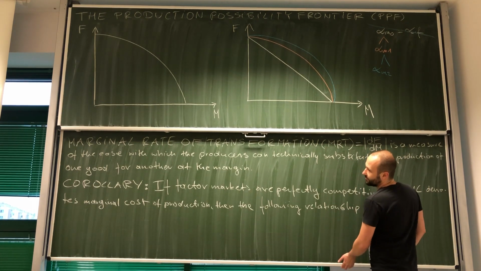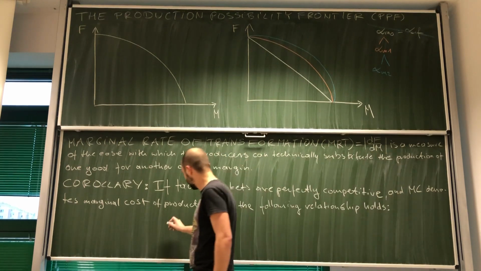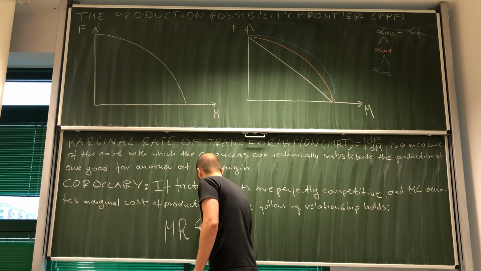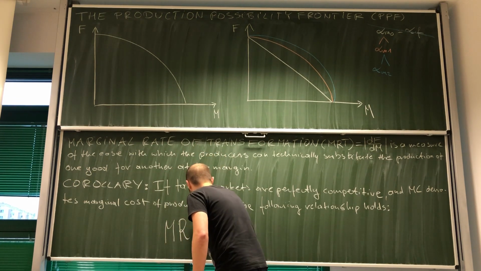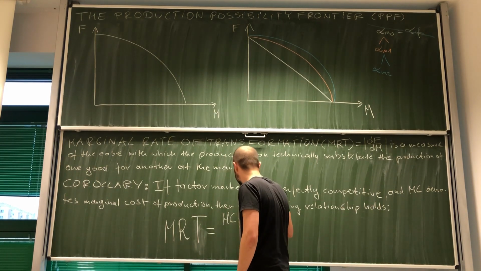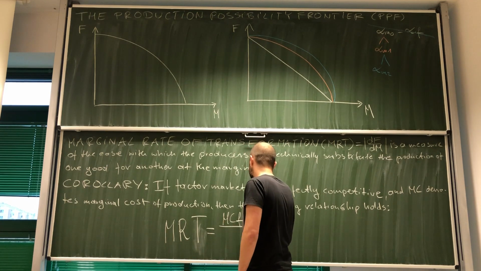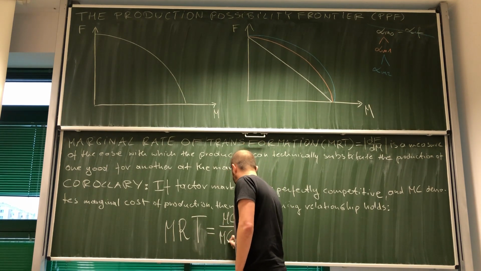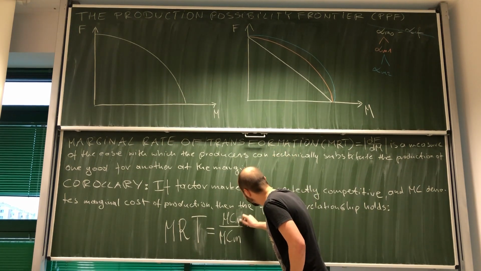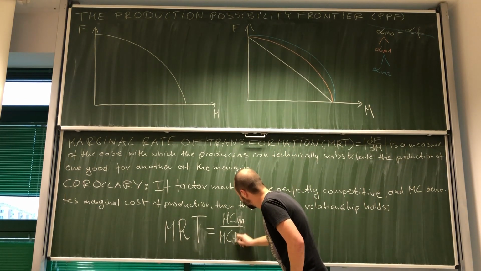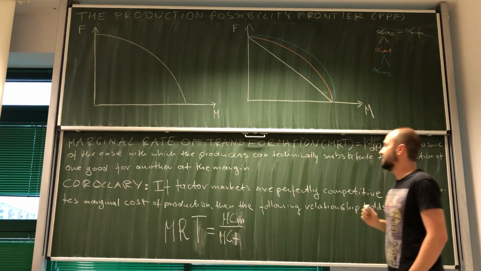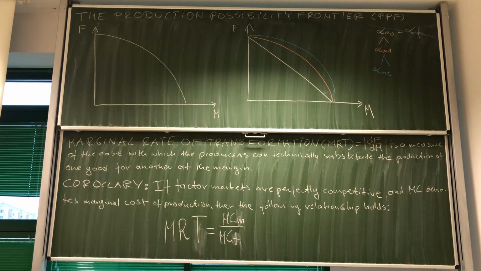And then we've got that marginal rate of transformation is equal to marginal cost of food divided by marginal cost of manufacturing, with manufacturing at the top and food at the bottom, right? Because we have food at the top and manufacturing at the bottom here.